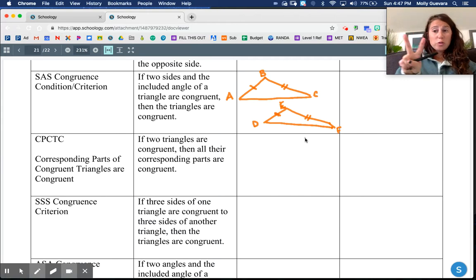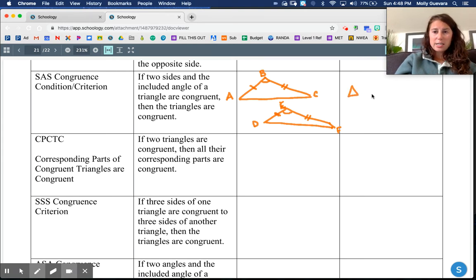So if I know two sides are the same, and I know that the angle between them is the same, so angle B is equal to E, so these two have the same angle measure, then that is enough information to show that these two triangles are congruent.